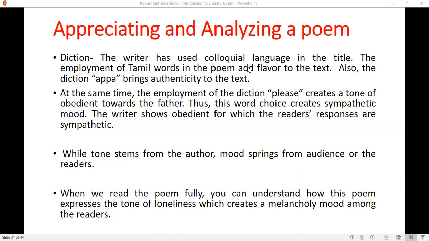We will study them in detail in my presentation later. However, you have understood how the term diction plays a role in the poem that we read earlier.